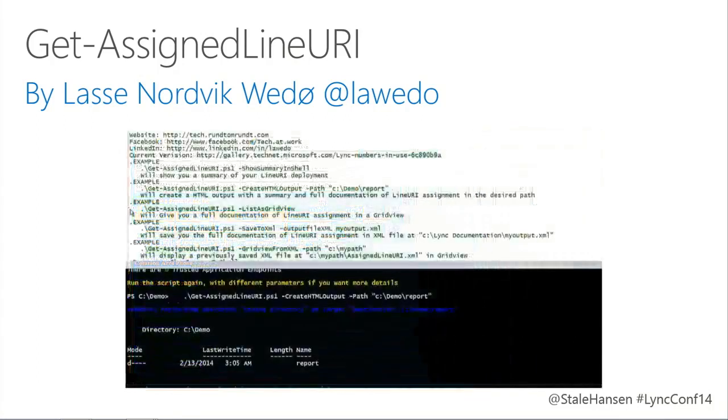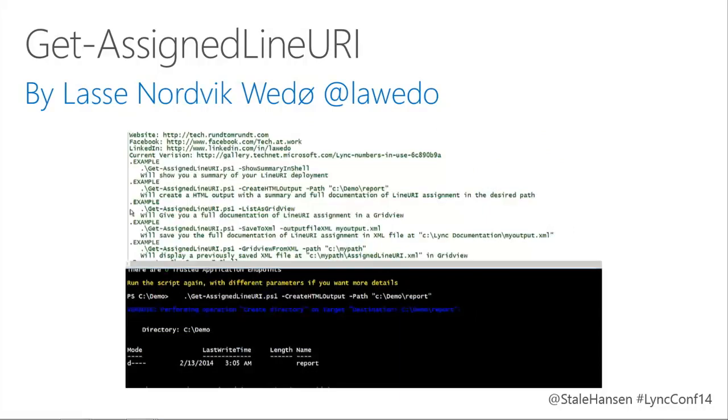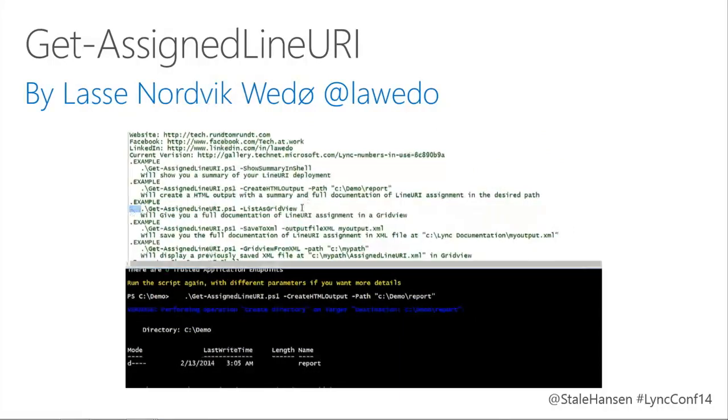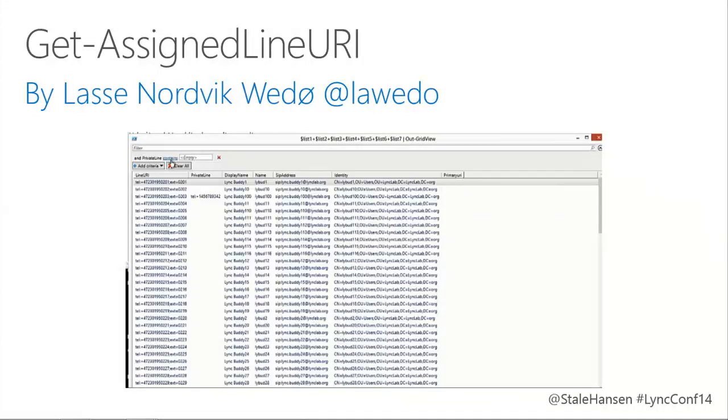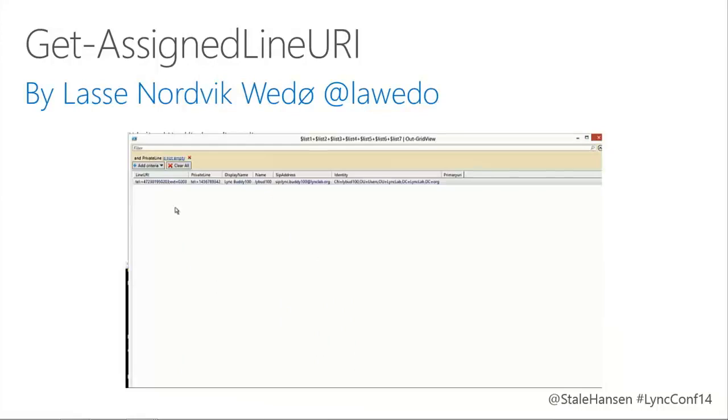But useful for you guys, the Lync pros, is the grid view. Because in the grid view, you get just a pop-up of the grid, and you can easily sort by all the parameters. So in this case, I'm sorting for the private line, and I get all the users with the private line.